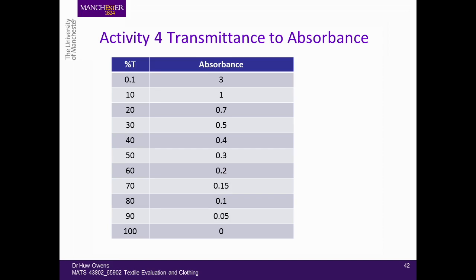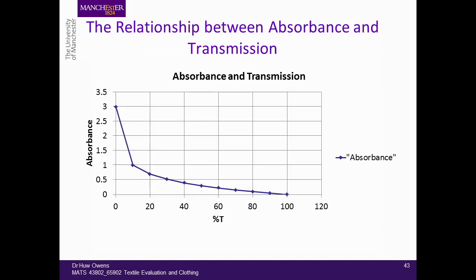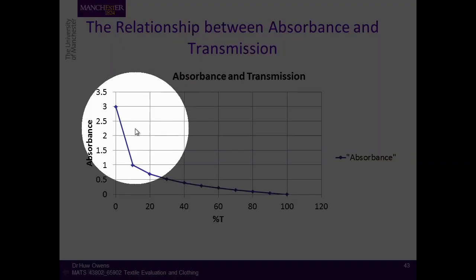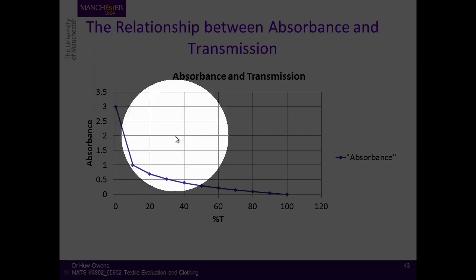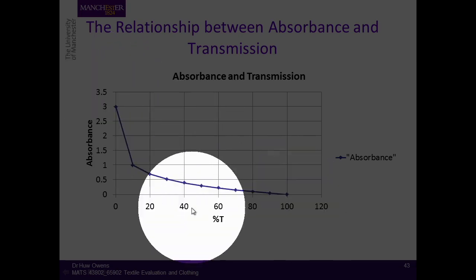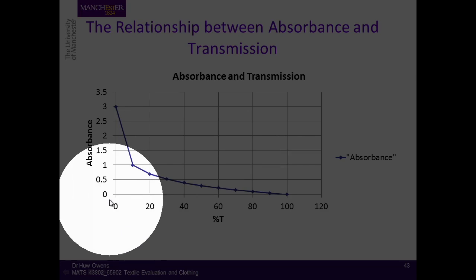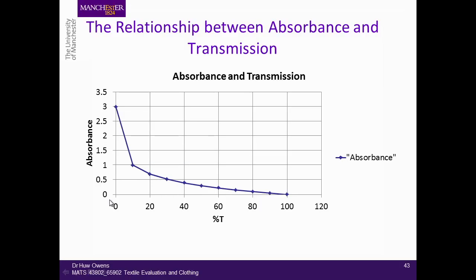Okay, so we've got our transmittance and we've converted those values to absorbance. So we measure transmittance, we calculate absorbance. If we plot those now, so if 0 light is being transmitted, we get this value of about 3, don't we? If 100% of the light goes through, nothing's being absorbed. We get this curve, don't we? This curve.